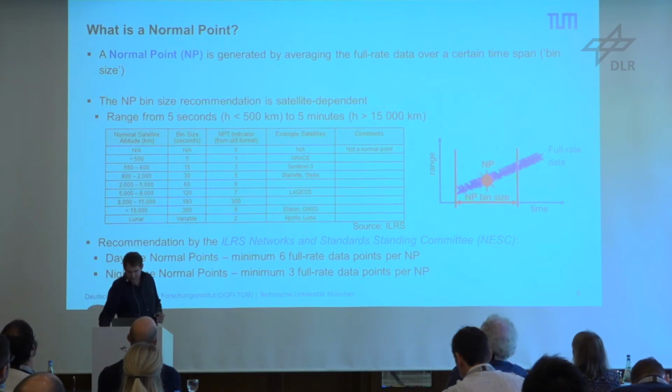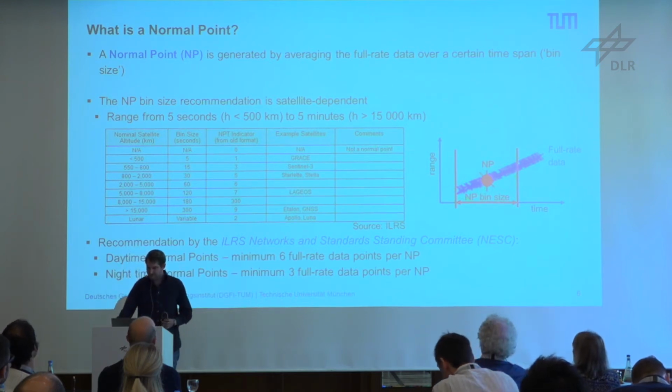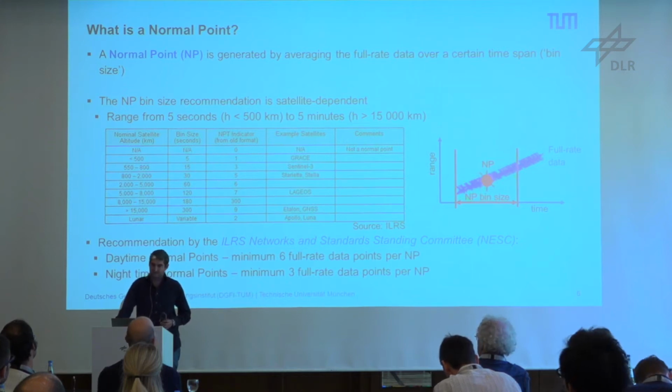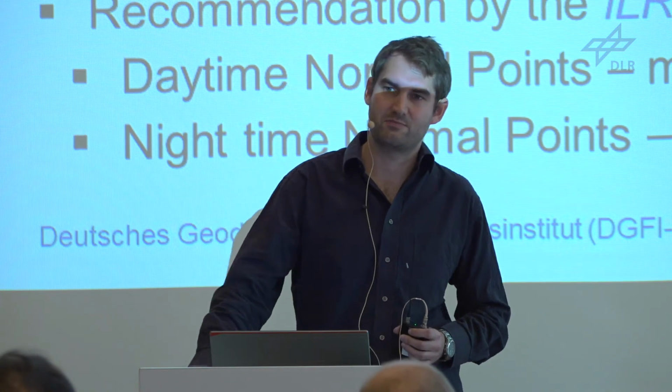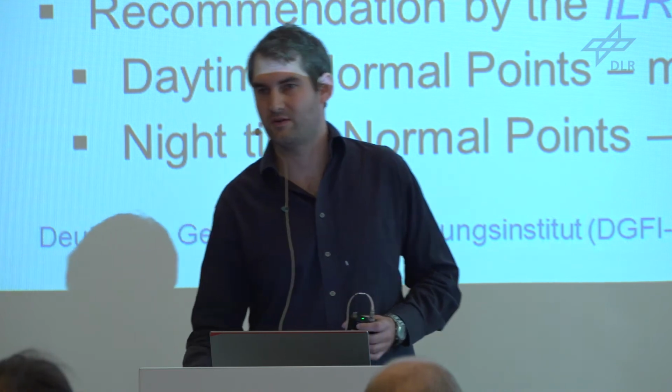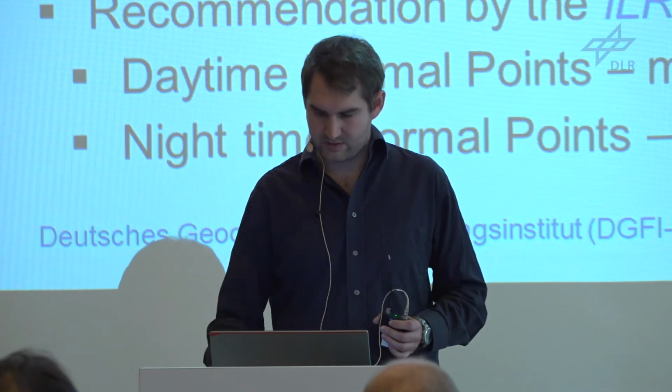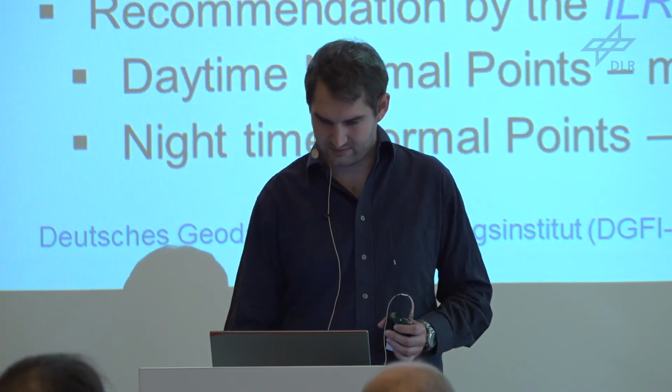There is a recommendation by the ILRS Networks and Standards Standing Committee saying that normal points for daytime observations have to contain at least 6 full rate data points, and a nighttime normal point a minimum of 3 full rate data points. This is dependent on the accuracy of the observations due to external effects like the light.